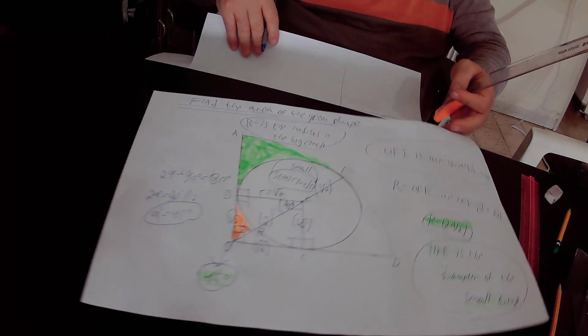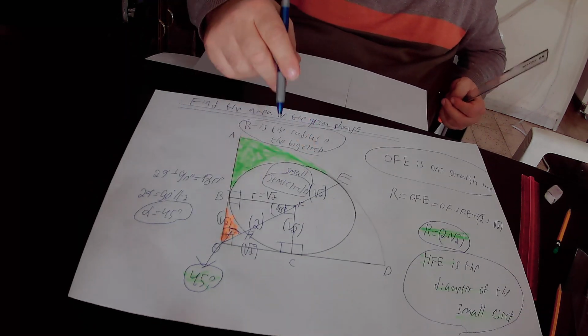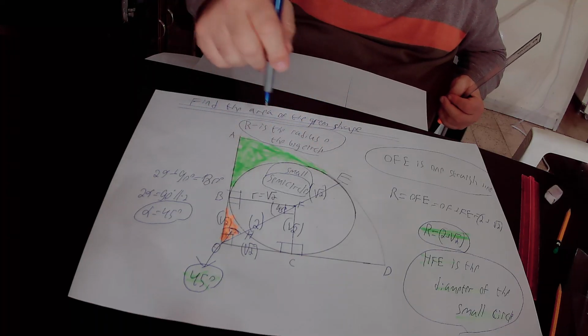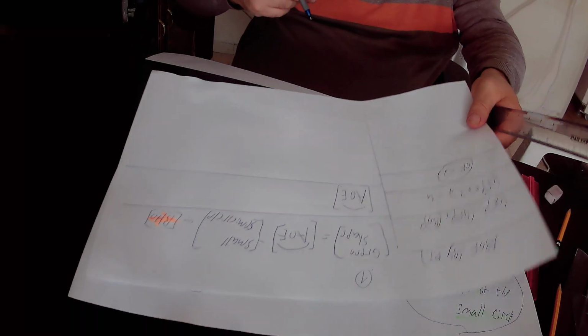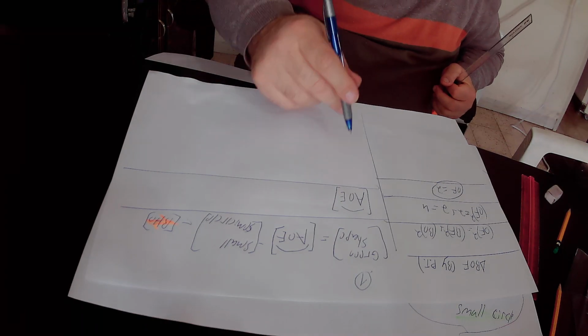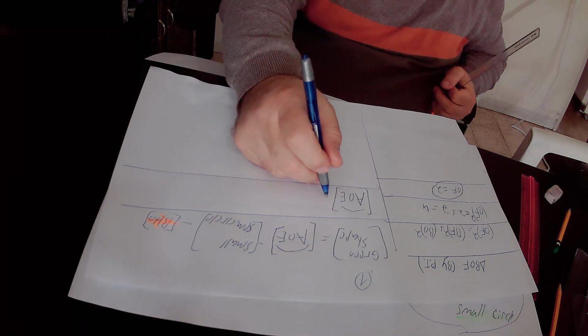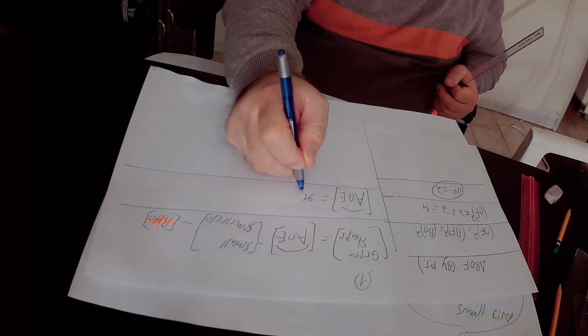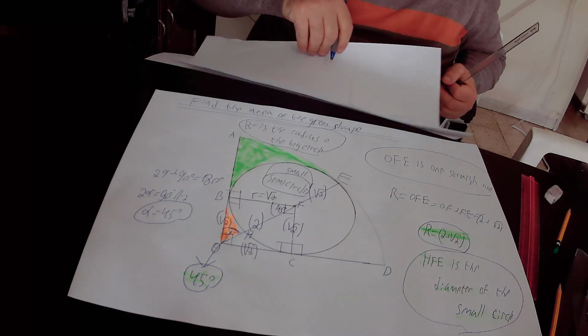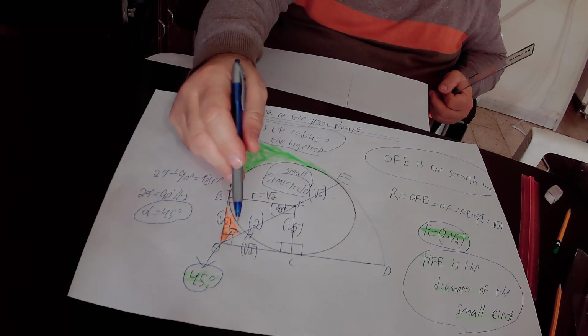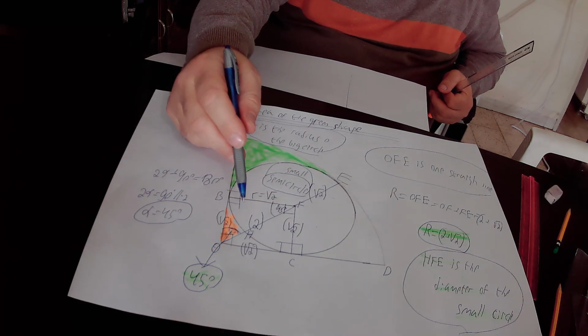Repeat again that the big sector AOE is part of the big circle. Therefore, the area of the big sector AOE equals the area of the big circle, that is pi times capital R squared, times the angle between the legs of this sector.